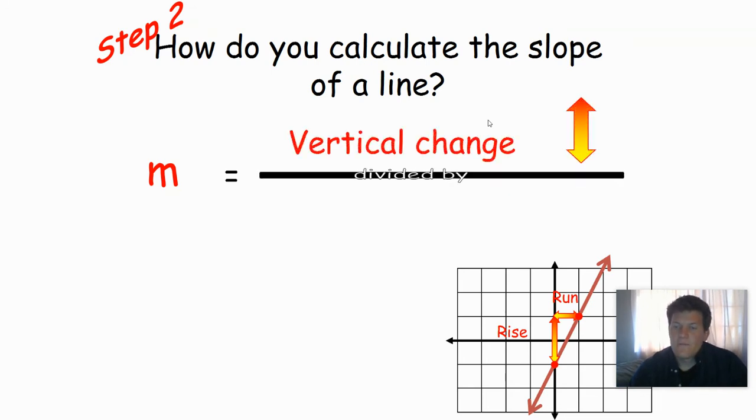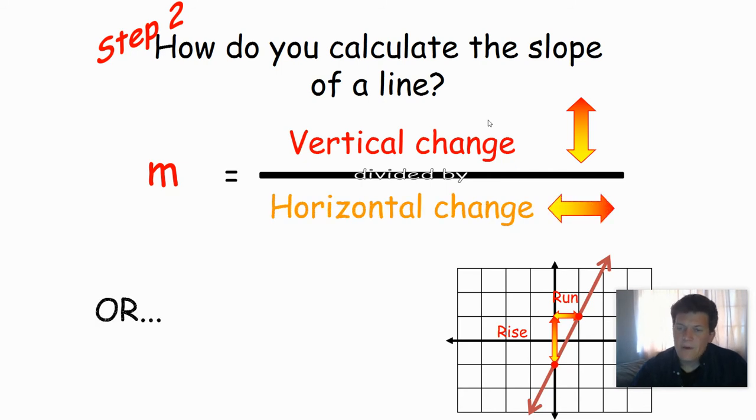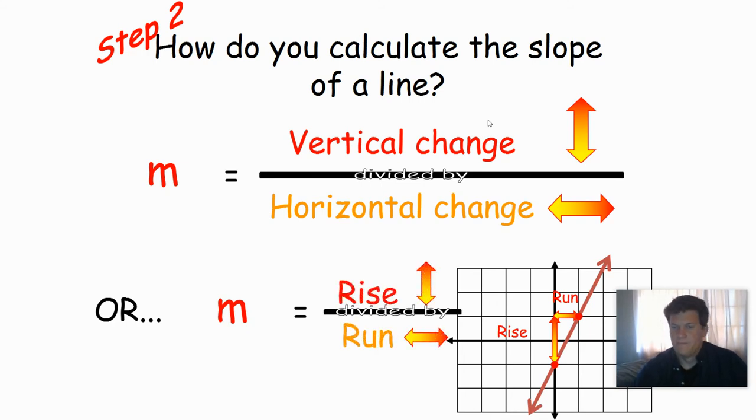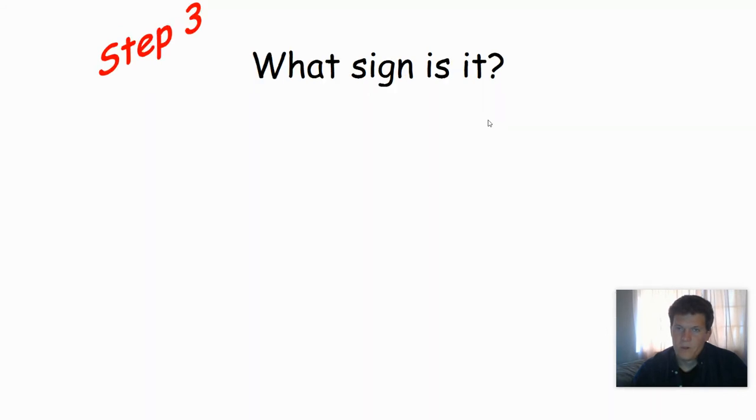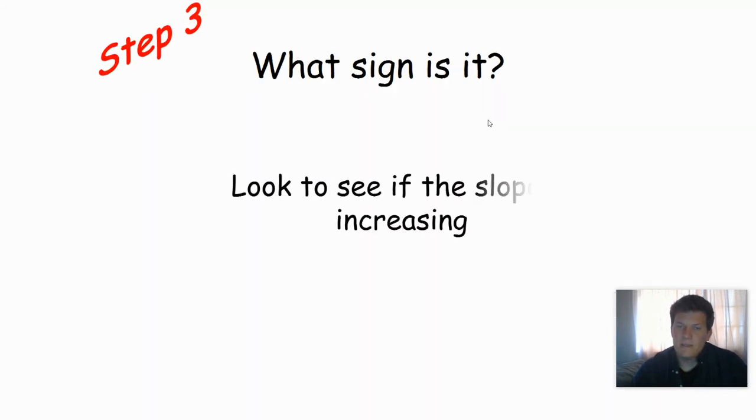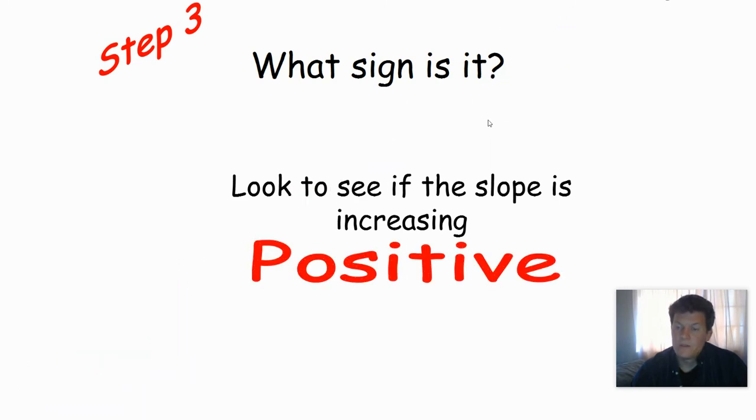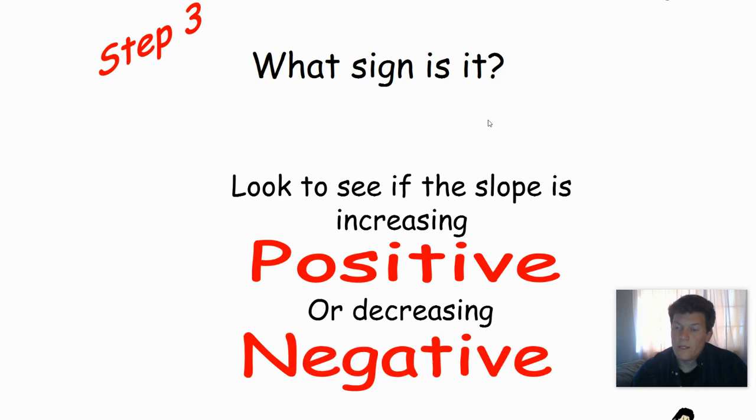And slope is that vertical change divided by horizontal change, which is just that rise over run. So our m equals rise over run. So now the last thing, what sign is it? We'll look to see if it's increasing, going uphill, or if it's decreasing, going downhill.